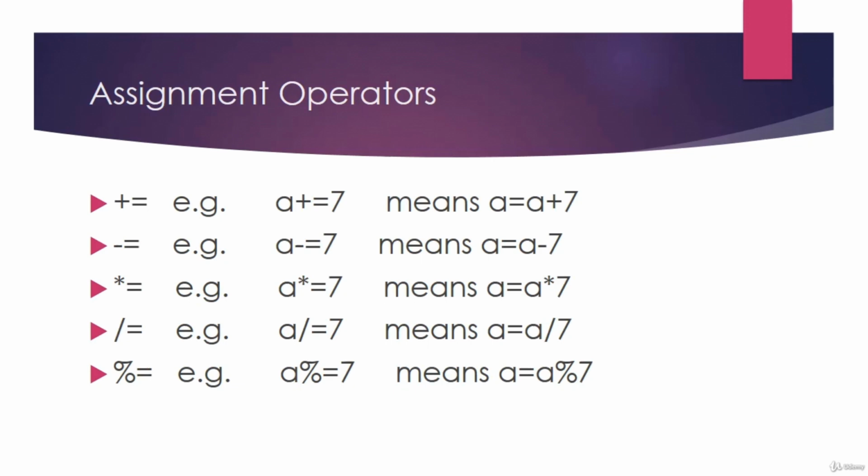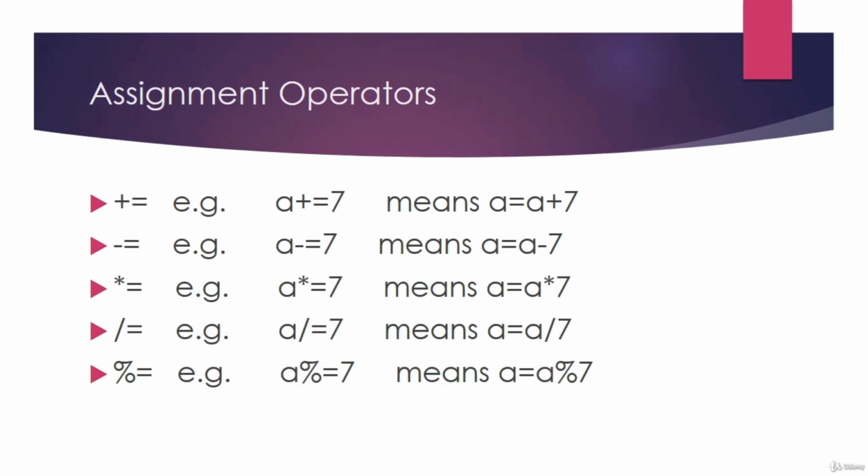The next is assignment operators. What are assignment operators? For example, if we want to type a = a + 7, we will type a += 7. This means the same as a = a + 7. If we want to type a = a - 7, we will type a -= 7. For multiplication, a = a * 7, instead of writing the whole, we will type the shortcut a *= 7.